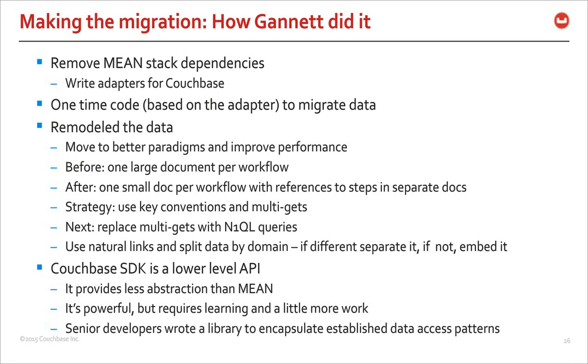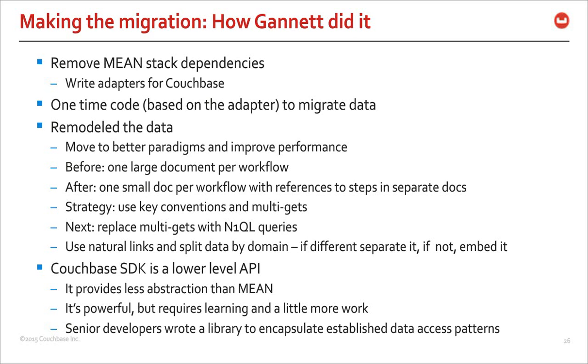We do have object-document mapping available for Node.js, but still, if you're in an environment where you're using something like MEAN or other very high-level abstractions that essentially hide Mongo or the database from you, there's going to be a little bit of a learning curve here because we have a very powerful SDK, but that SDK is very close to the database. So it gives you very direct access to the database. So a little bit more learning, a little bit more work, to be fair.